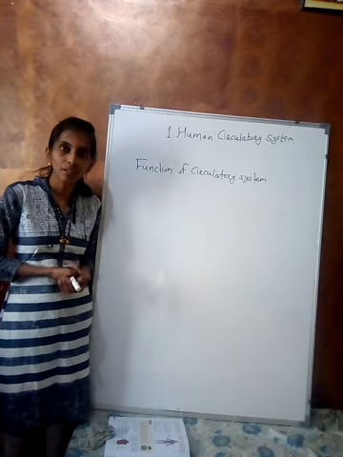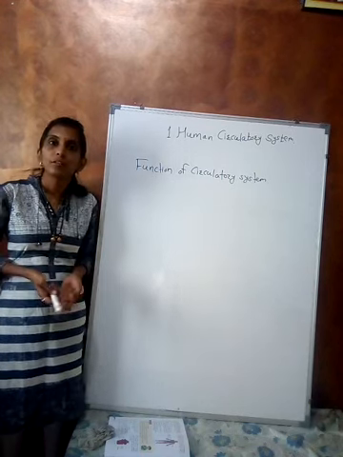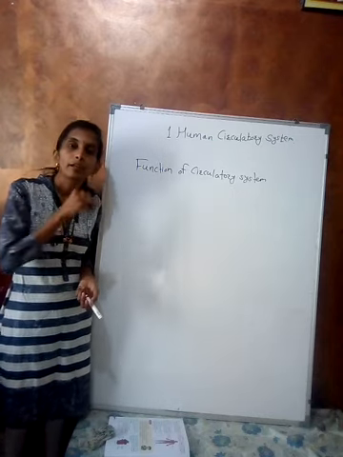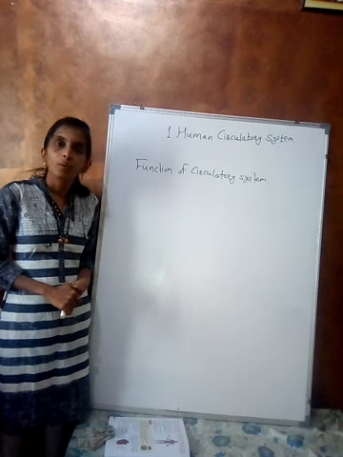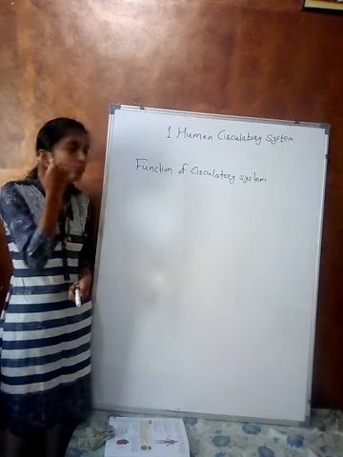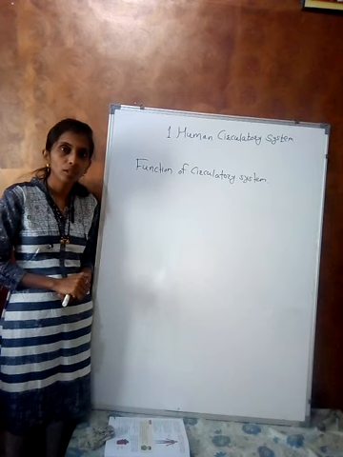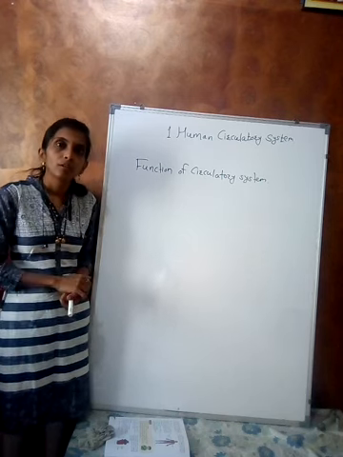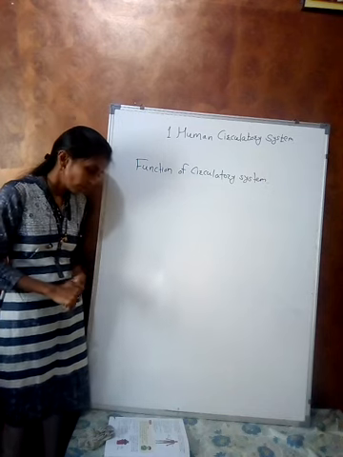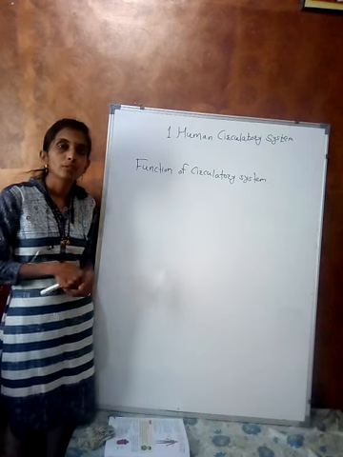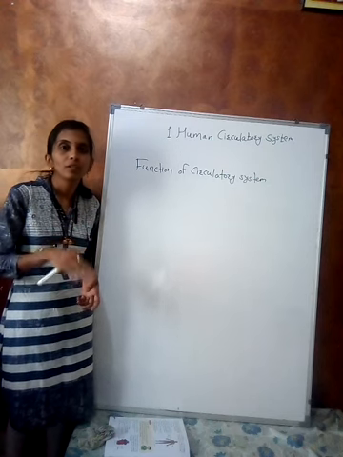These nutrients are transported in our body with the help of the circulatory system. Water is also essential for our body, so water is also circulated with the help of the circulatory system. And other waste products are also transported in our body.